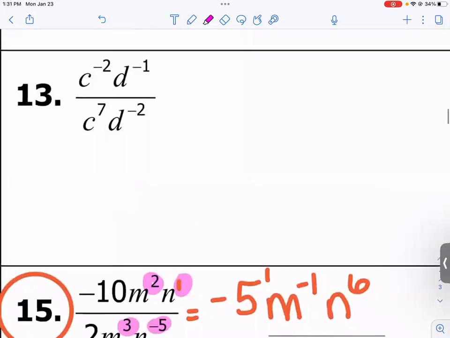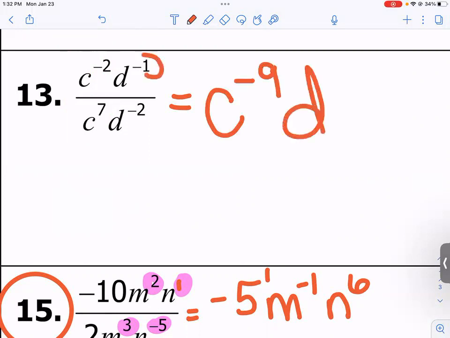So let's come up to 13. 13 is simpler, okay? Let's just go back to a simpler problem. We are dividing, so what do we need to do with our exponents? We always start with the numerator and then we subtract the denominator's exponent. So what is -2 minus 7? Okay, now for D, we have to take -1 minus -2.